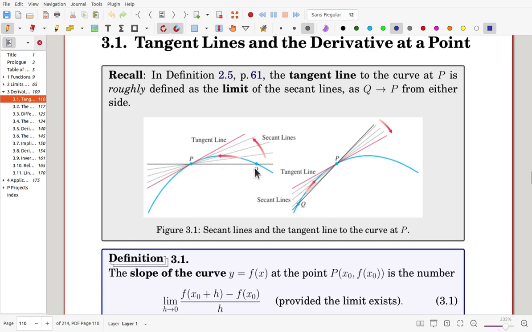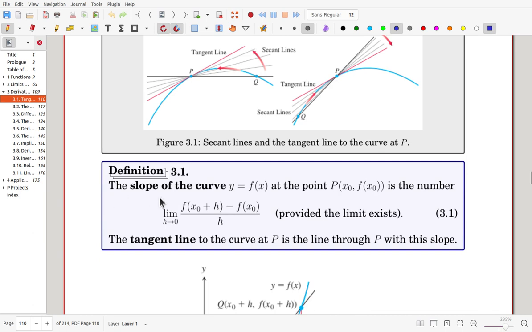As Q approaches P from the right and from the left, if the limit of the secant lines exists, then the limit is called the tangent line.